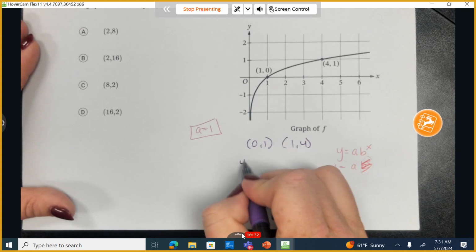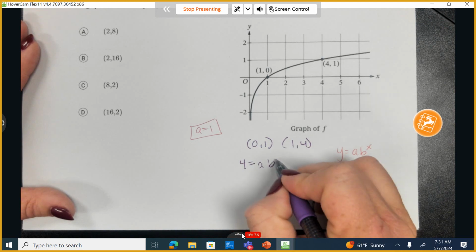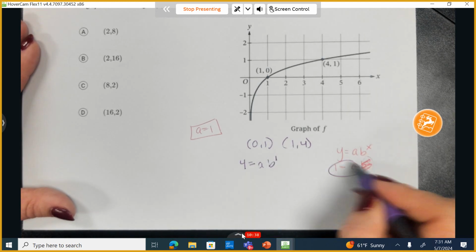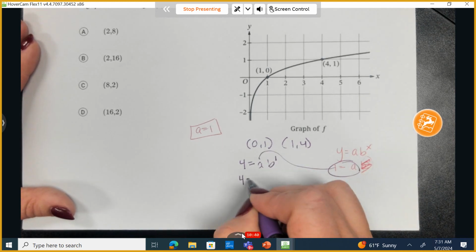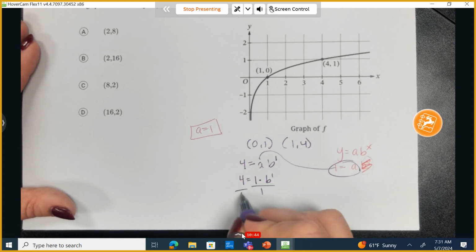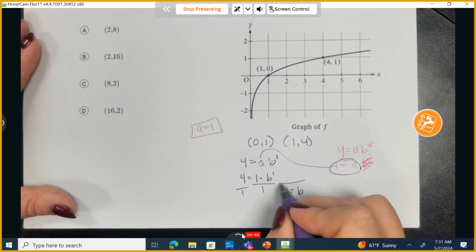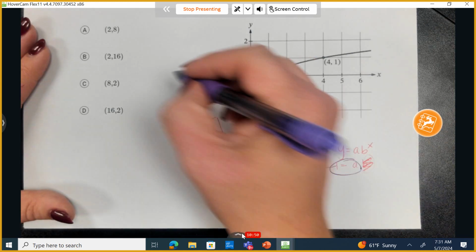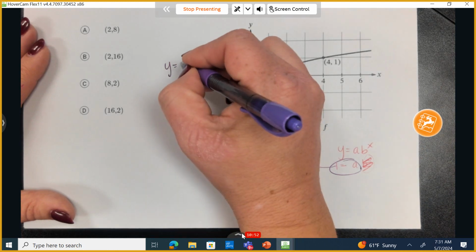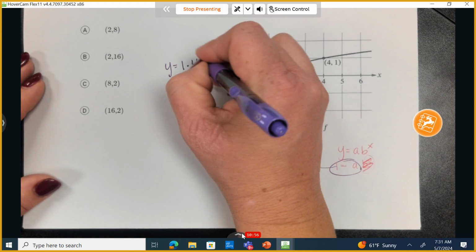So my output is 4, and my input value is 1. But I also already know that a is 1, so I have 4 equals 1 times b to the first. Well, dividing by 1 doesn't change anything. I have 4 equals b to the first, or 4 equals b. So I'm going to rewrite this equation. y equals 1 times 4 to the x.